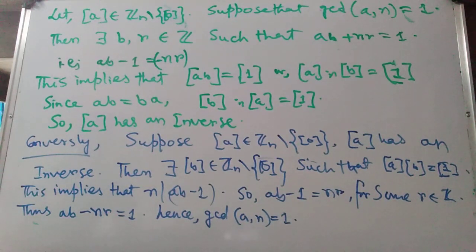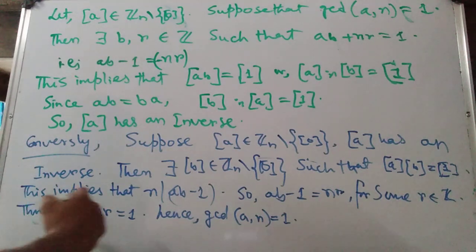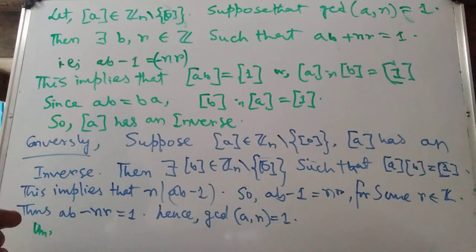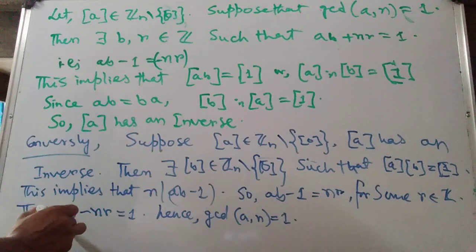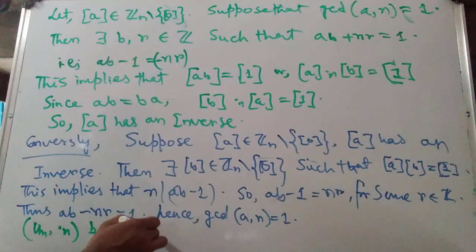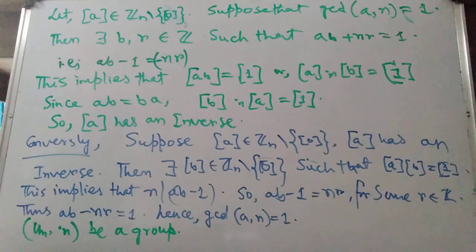This implies Un with multiplication modulo n is a group. Understood?